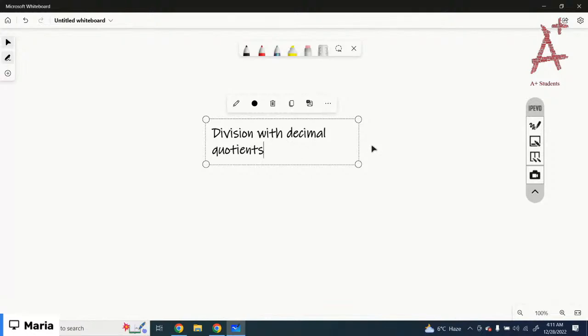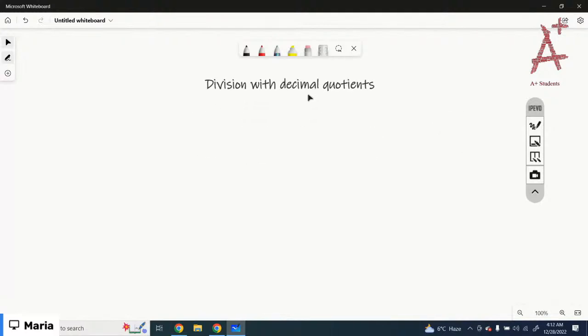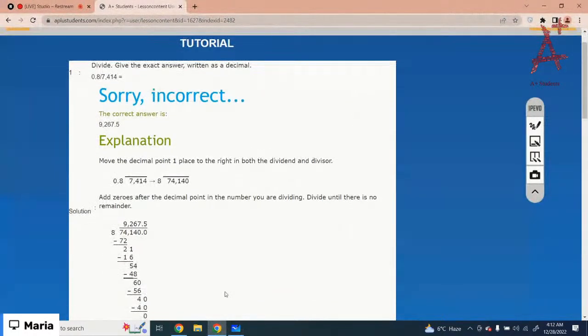Okay, let's start with the next lesson. Okay, we're working on grade 6 maths. The chapter name is multiply and divide decimals. And here is the next lesson, that is division with decimal quotients.